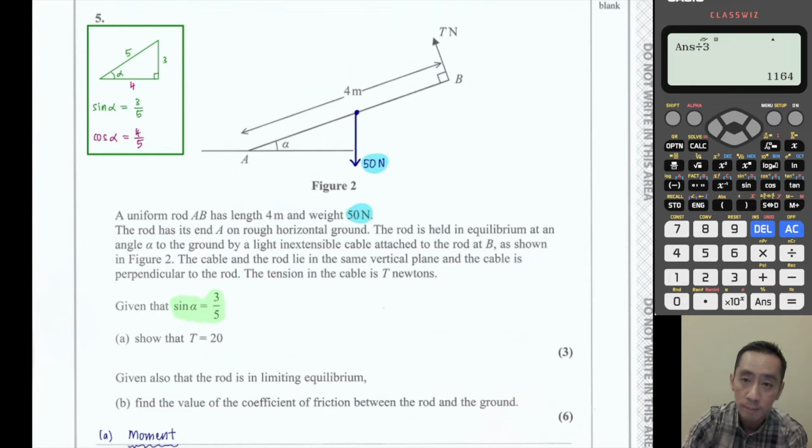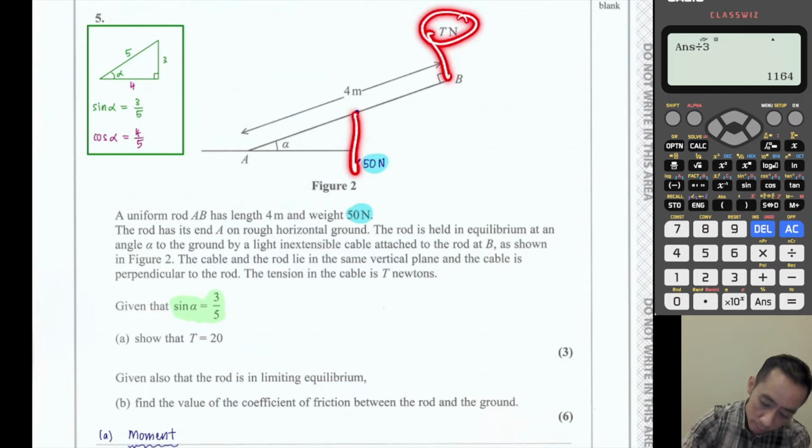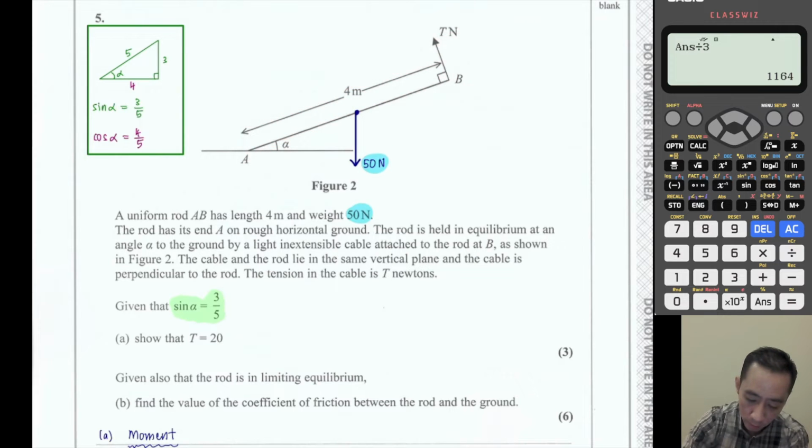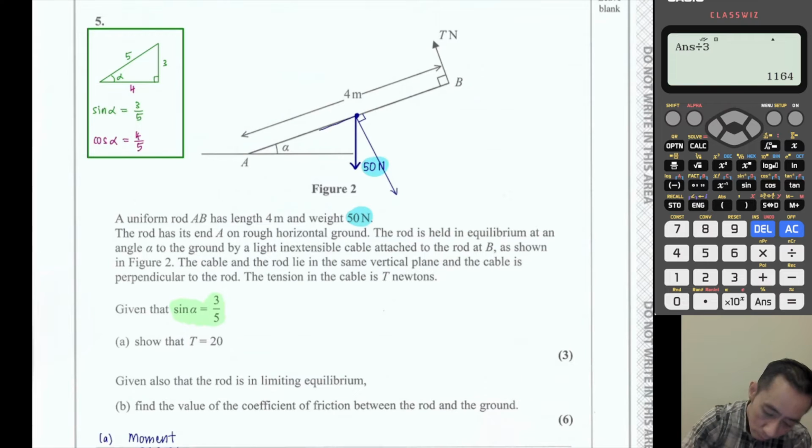For this one, T Newton, the distance to this point A, so it's T Newton times 4 meter. Then how about this 50? We have to multiply with the distance here. Let's see what is the direction for this. This one is 90 degrees. If this one is alpha, then this is alpha.